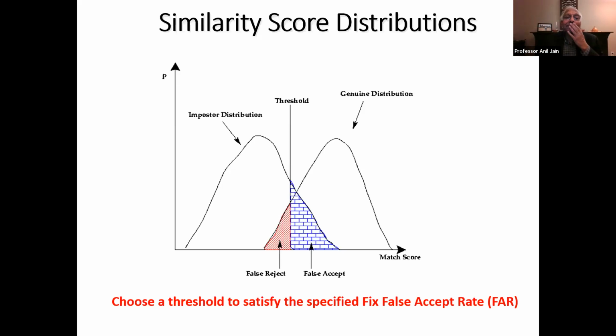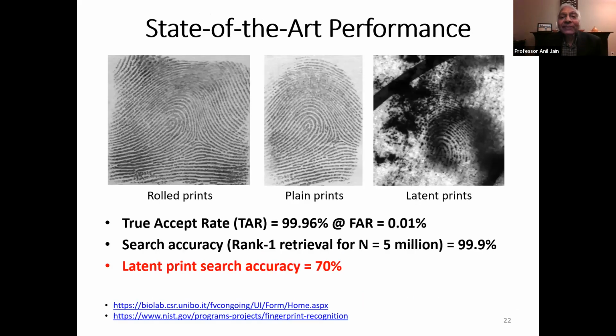Okay, next slide, please. So what is the state of the art in fingerprint recognition? The true accept rate for rolled prints and plain prints is 99.96% at a false accept rate of 0.01%.